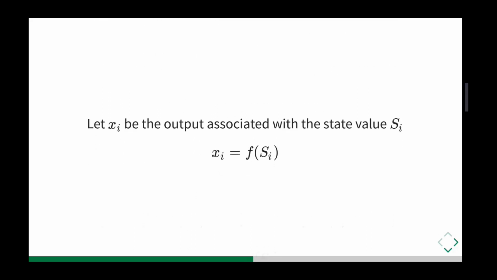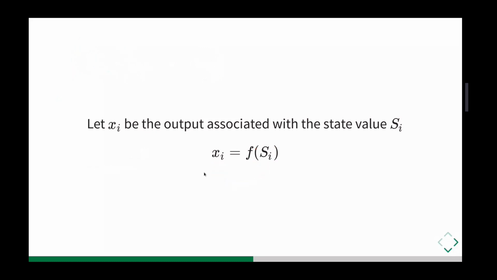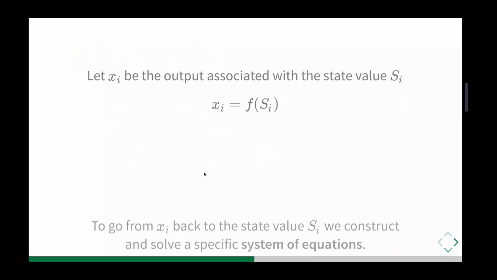Now let x of i be the output associated with the state value s of i. So at some point in our state, I use s of i to generate the output. Now I see only the output, but if I invert the function, I can recover s of i.